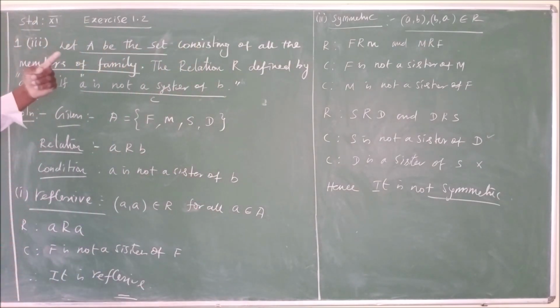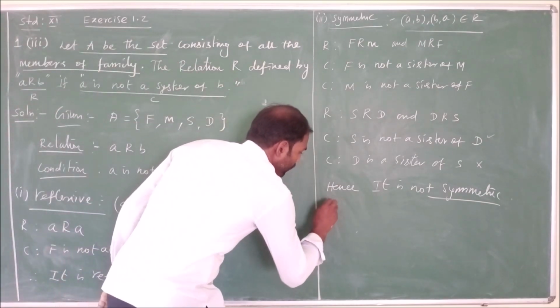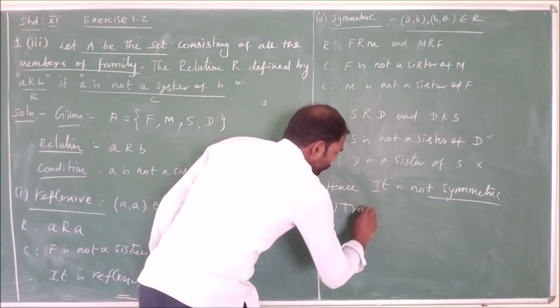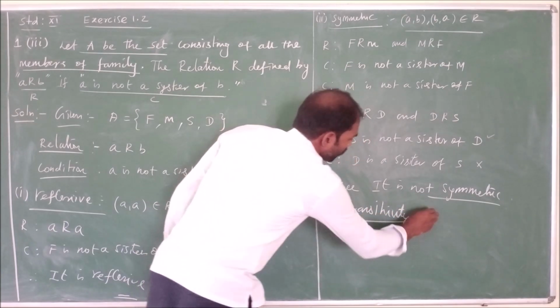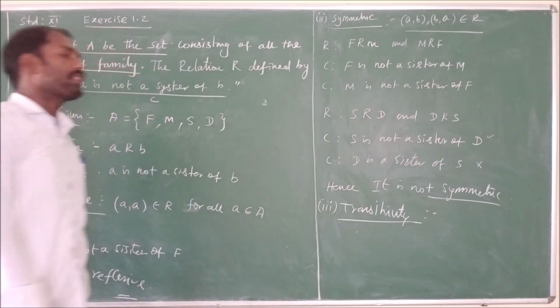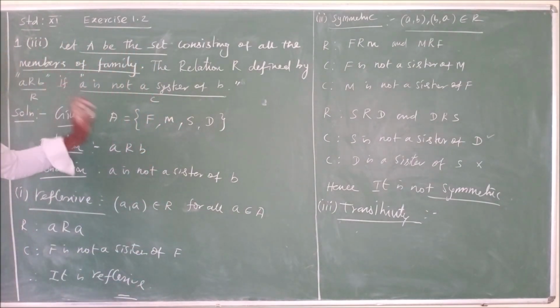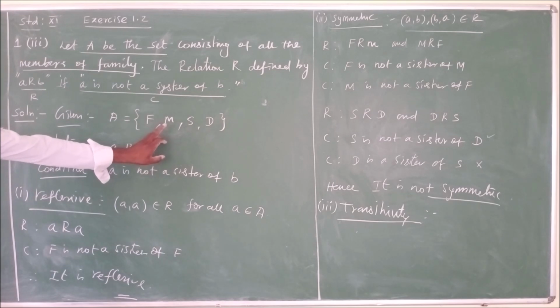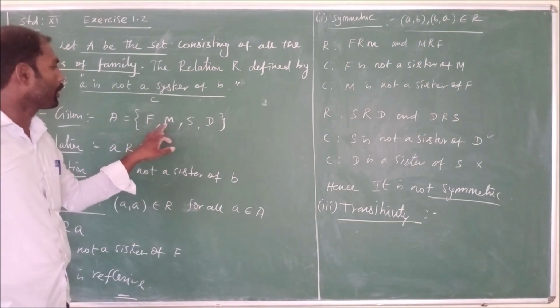Third condition is transitivity. The basic definition for transitivity: take any three members of the family, for example, father, mother, son.